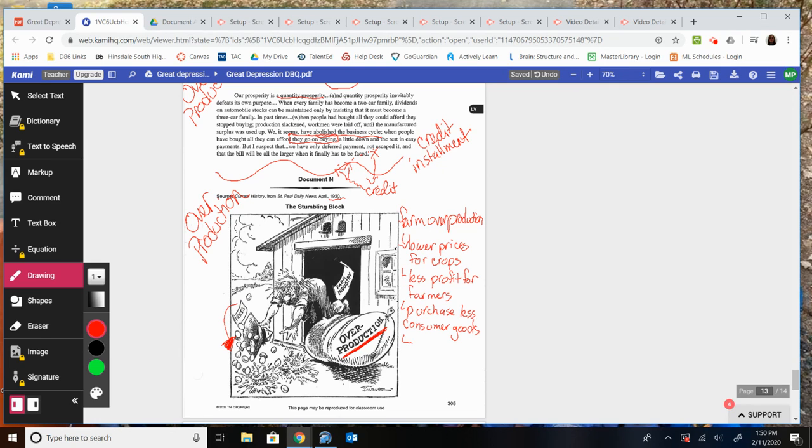So there's fewer goods sold by businesses. This is starting to sound familiar. When there are fewer goods sold by businesses, workers are laid off. When workers are laid off, there are more people that are reducing their buying power.